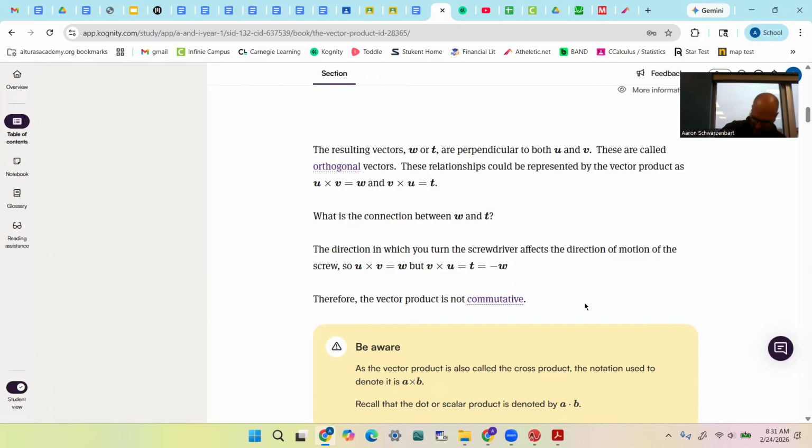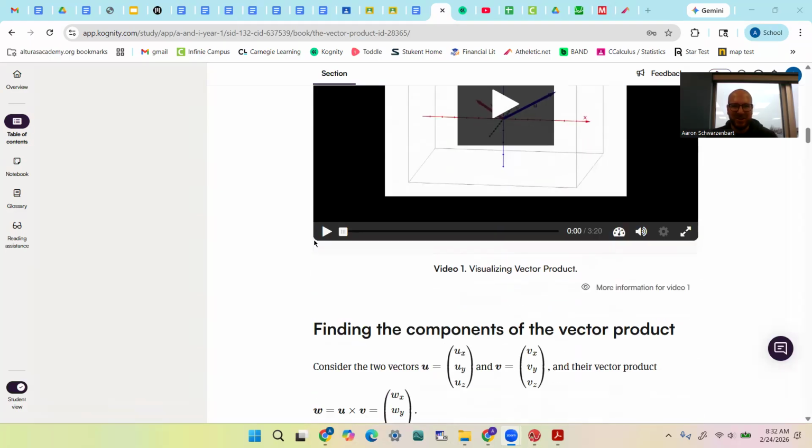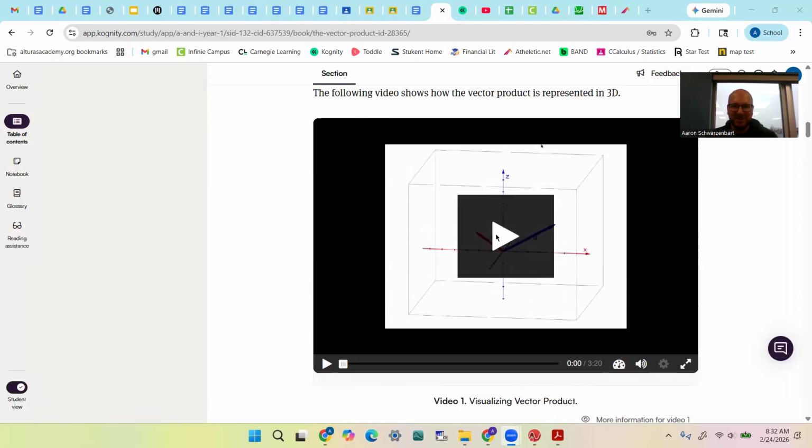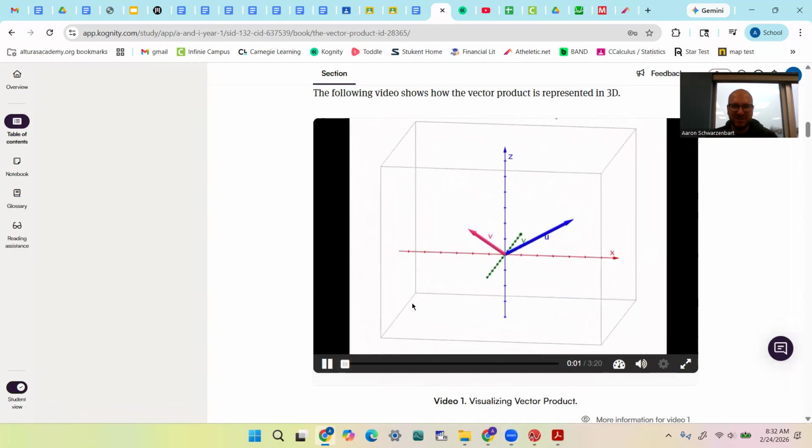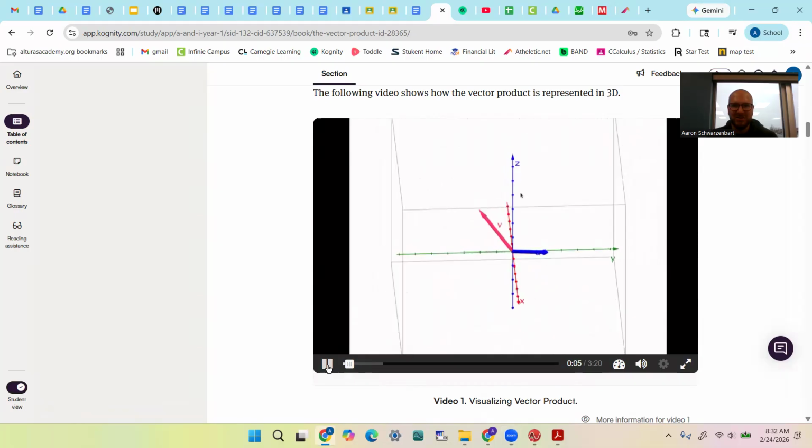And where does my pen go? Okay, so using this vector product lets you move around some vectors.